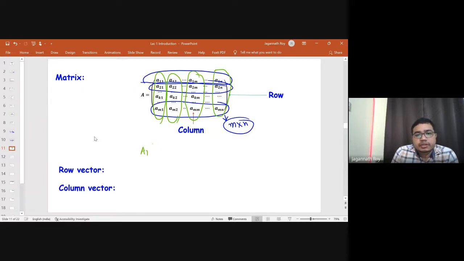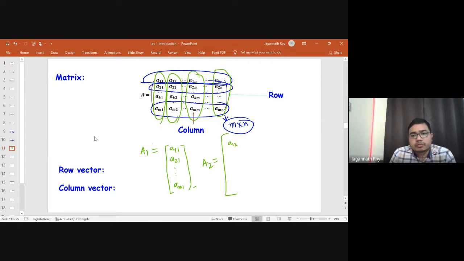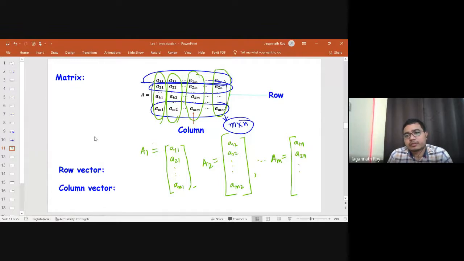Suppose A1 is the column (A11, A21, ..., Am1), A2 is of this form (A12, A22, ..., Am2), and similarly up to An, where this is n.